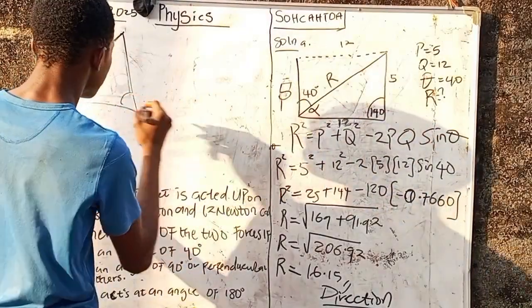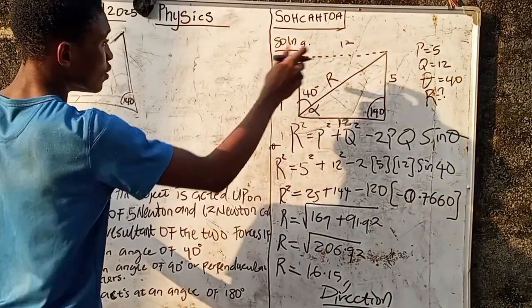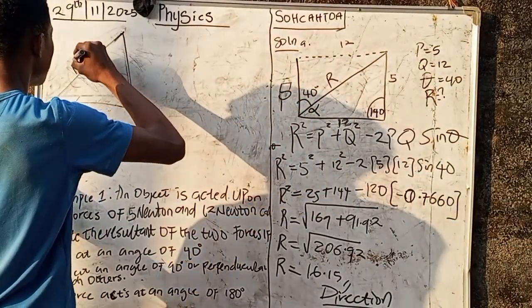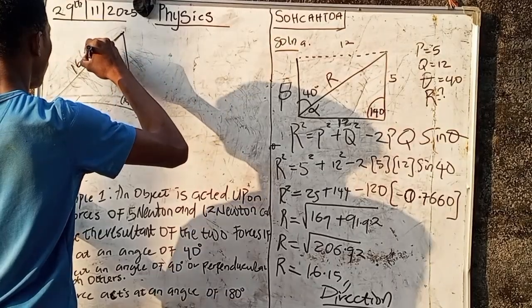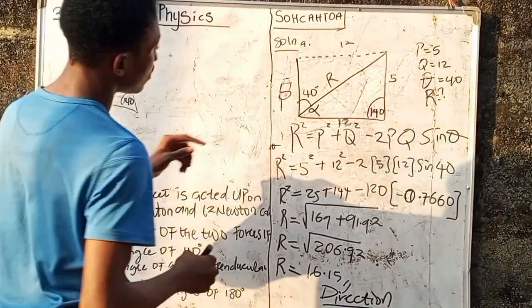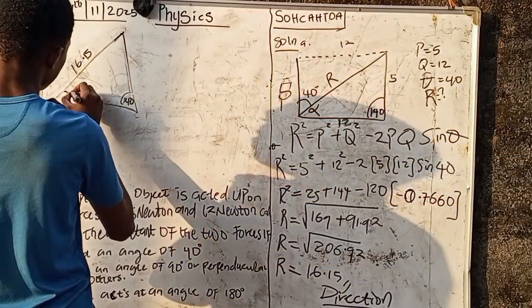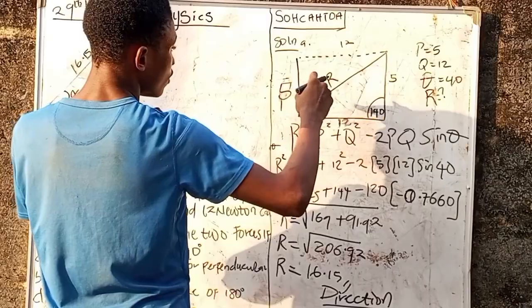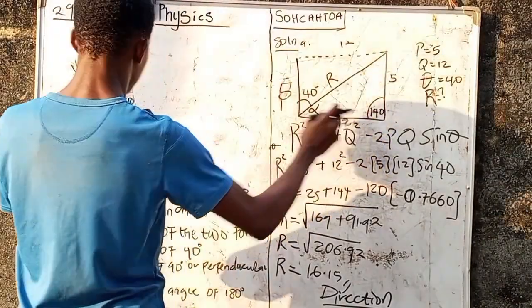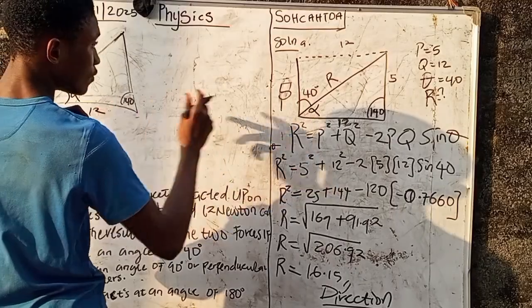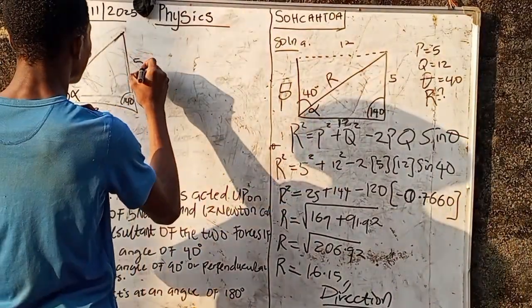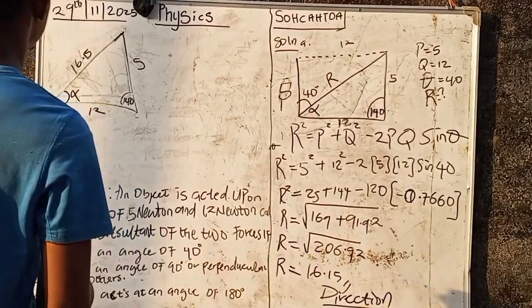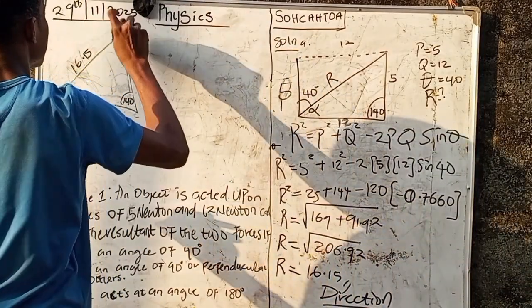So yes, 140. The resultant is now known to be 16.15. Our alpha is not yet known. Here is 12. And here is 5. So this is what we now have.